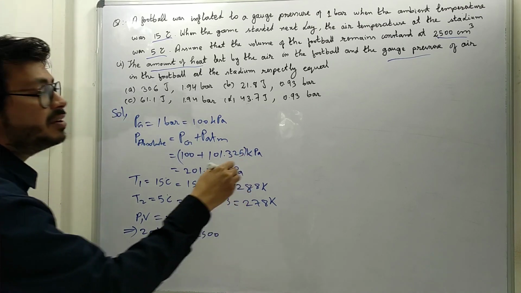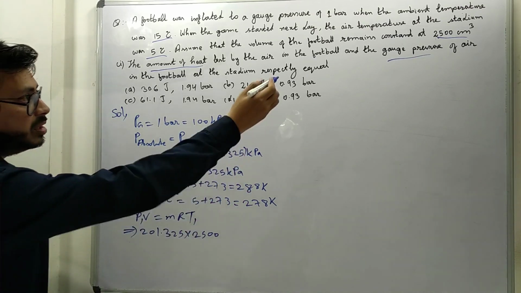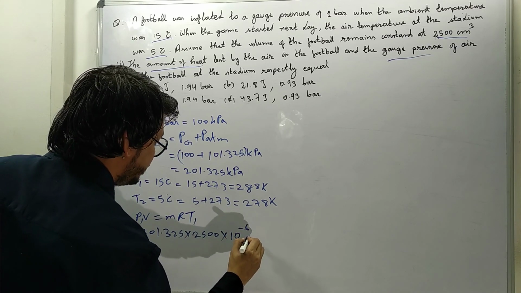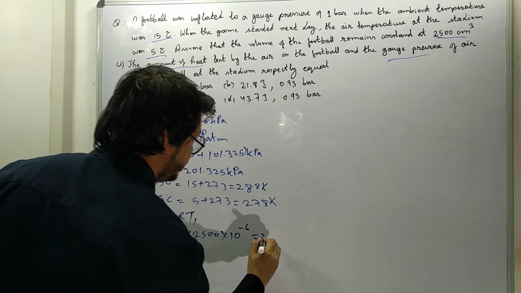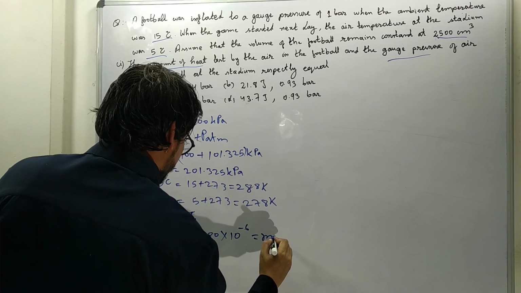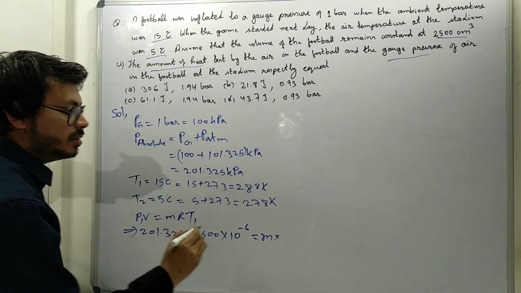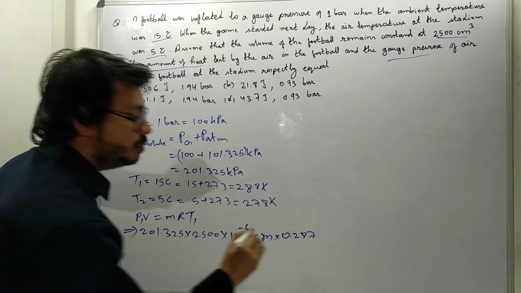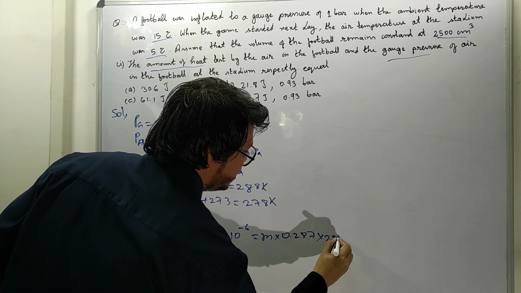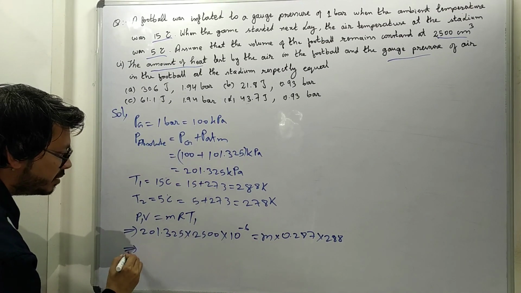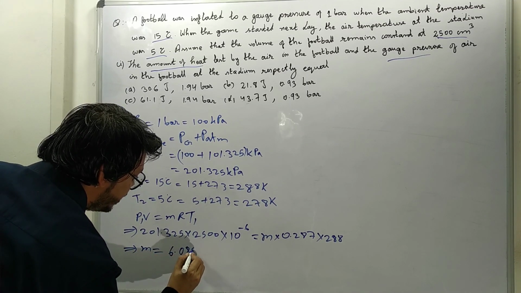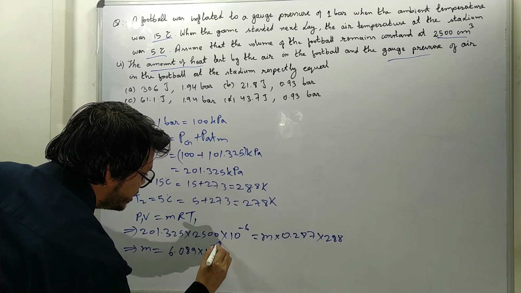If we convert this into meter cube, we multiply by 10 to power minus 6, equal to M into R. The value of R is 0.287 into T1, which is 288. By solving we get the value of M as 6.089 into 10 to power minus 3 kg.